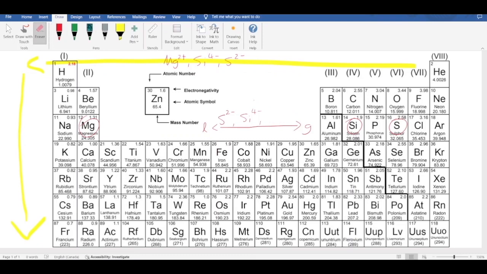Magnesium is a cation. Magnesium, as a cation over here, is going to lose 2 electrons. If it loses 2 electrons, there is not much electrostatic repulsion. It's going to be quite compact. If it's going to be quite compact, it's going to be at the very left side. So Mg would actually be here.